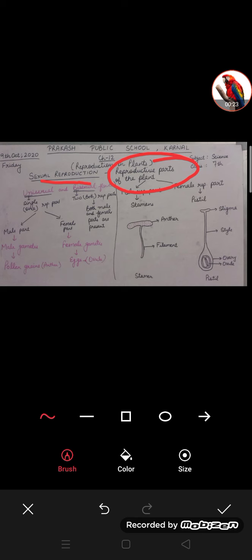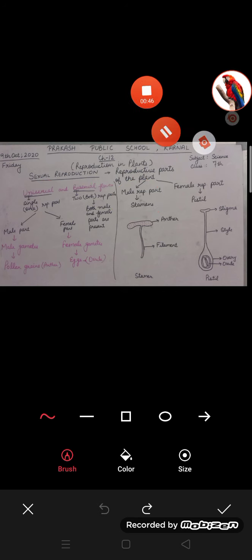Basically, these reproductive parts are of two types, male reproductive part and female reproductive part. So male reproductive part is known as stamens and female reproductive part is known as pistil. So let us first discuss both of these one by one.